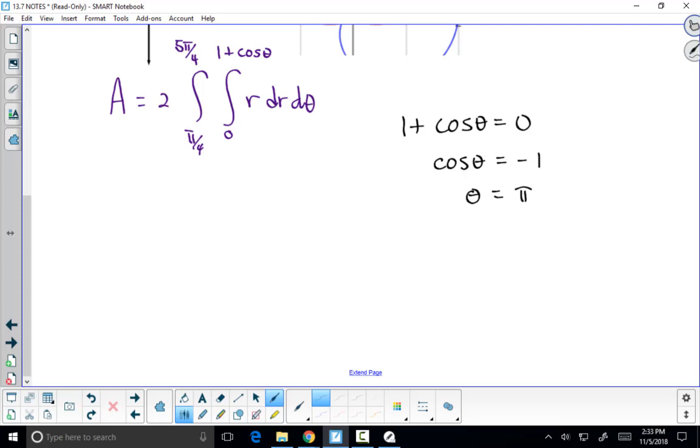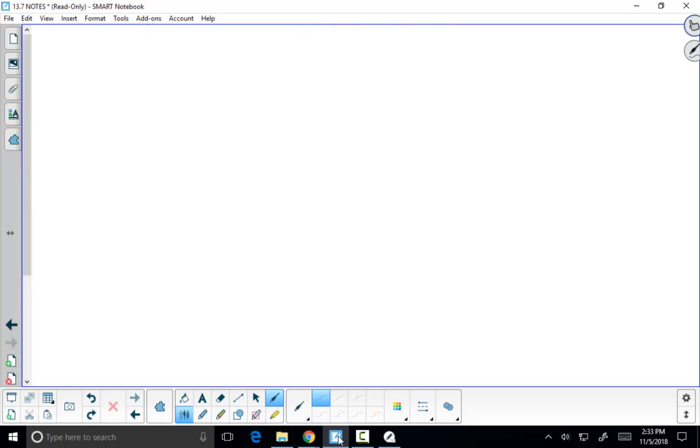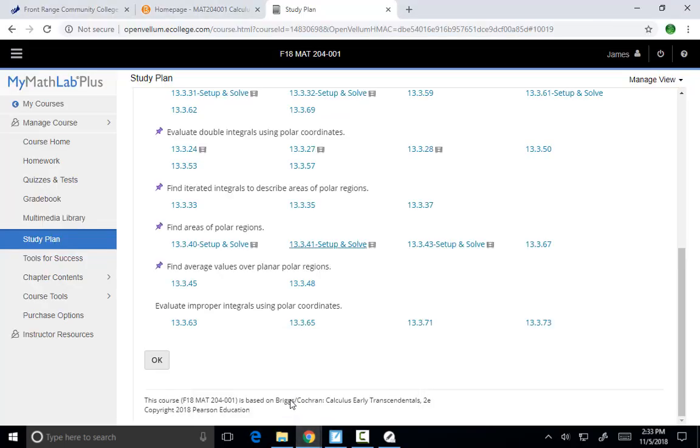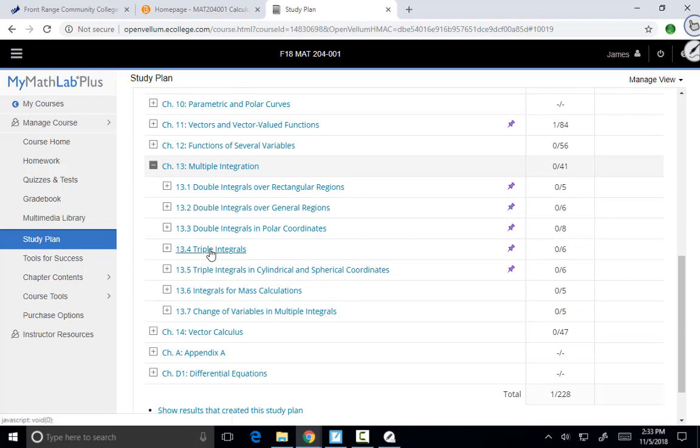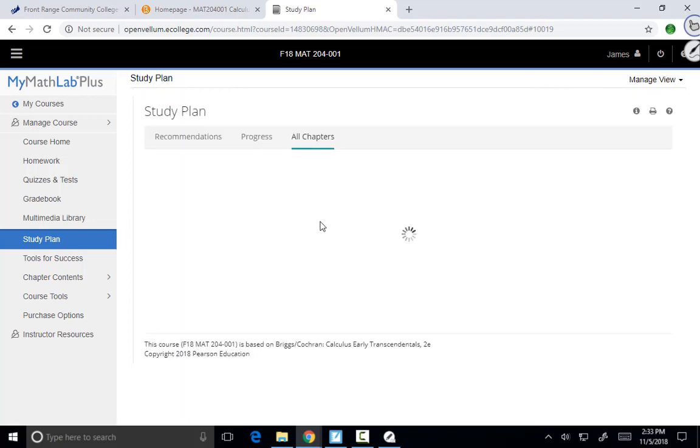All right, let's go to 13.4. That's a great idea, because I have to. Okay, 13.4, triple integrals.